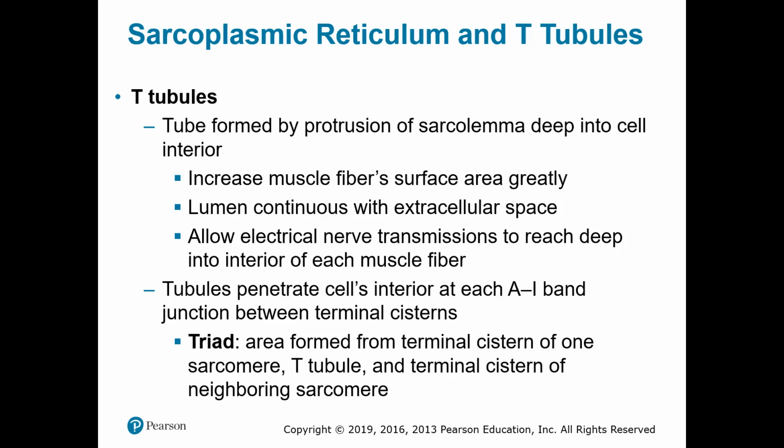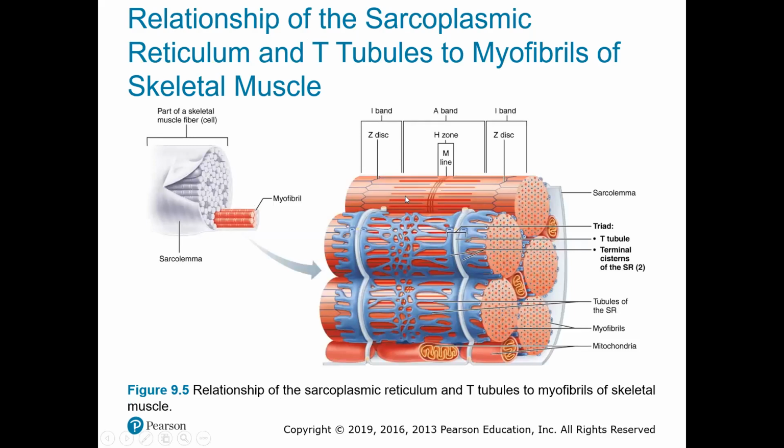The T tubules allow a nerve impulse that reaches the cell membrane to be passed down through the entire cell and take that nerve impulse to the terminal cisterns. So it looks something like this.